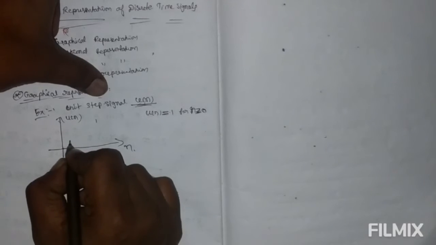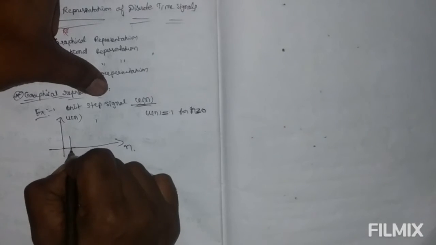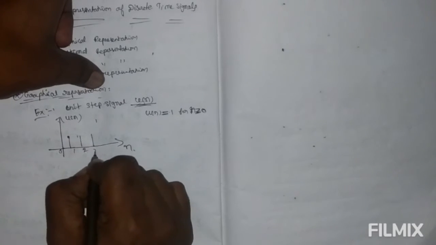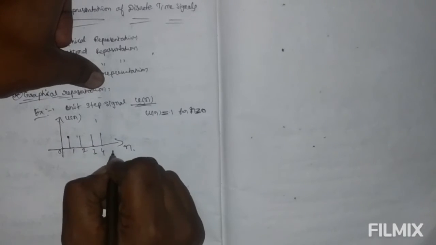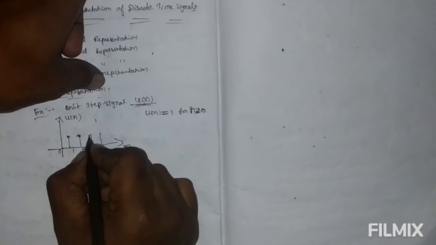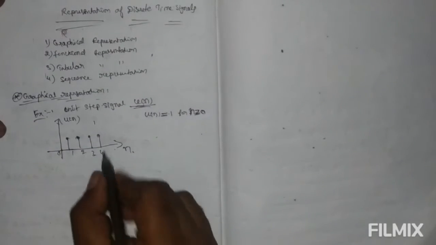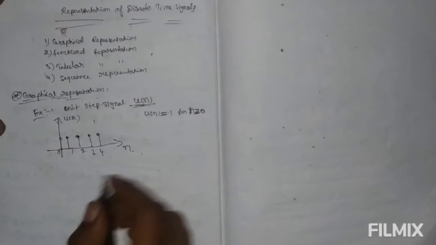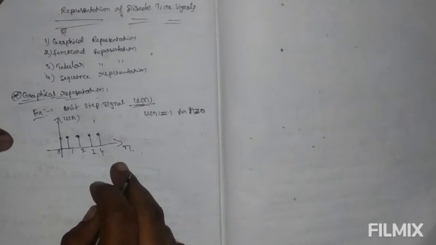So the axis shows 0, 1, 2, 3, 4 and so on. This is the graphical representation of the unit step function.